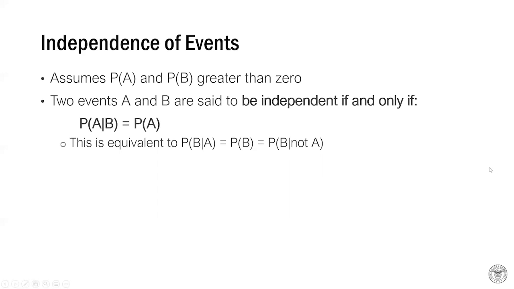Similarly, the probability of B conditional on either A or the complement of A is equal to the probability of B if A and B are independent. Again, the condition does not matter because the 2 events are independent.